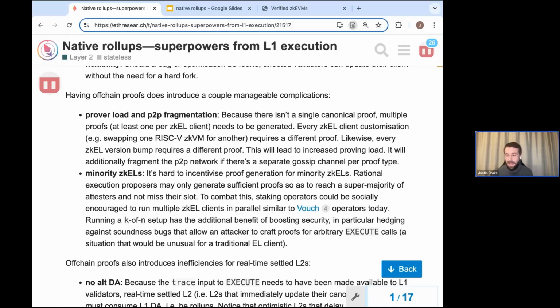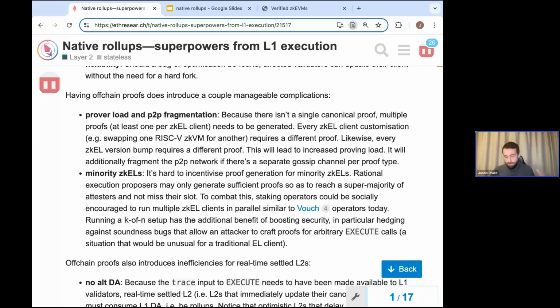And not only that, every time there's a version bump on the client, that is a new proof, because you have new circuits or new RISC-V bytecode or some other bytecode. On top of that, every high-level execution client can be compiled to different zkEVMs. So there's potentially a quadratic blow-up here: you have K different ELs and L different zkEVMs, so there are K times L different combinations.